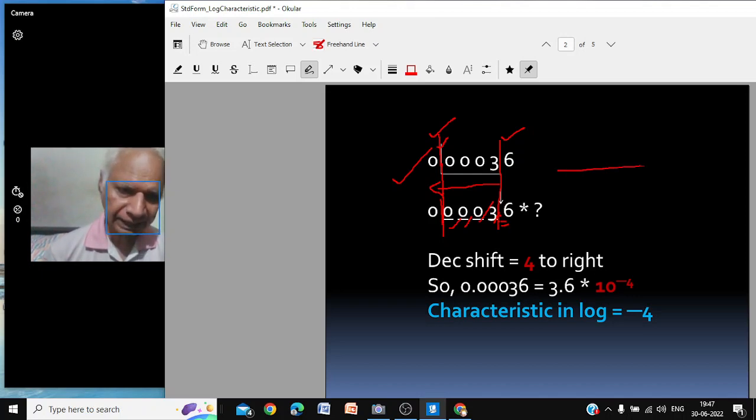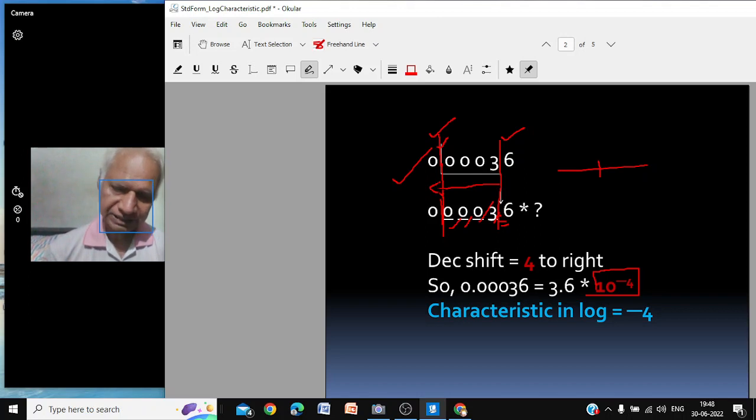From the number line we know that left means minus. So the number of places is 4, and we make it 10 power minus 4. Why minus 4? Because the decimal point which we put here in the original number was 4 places to the left. We have shifted it to the right, but if you want the original number it should be shifted back 4 places to the left.